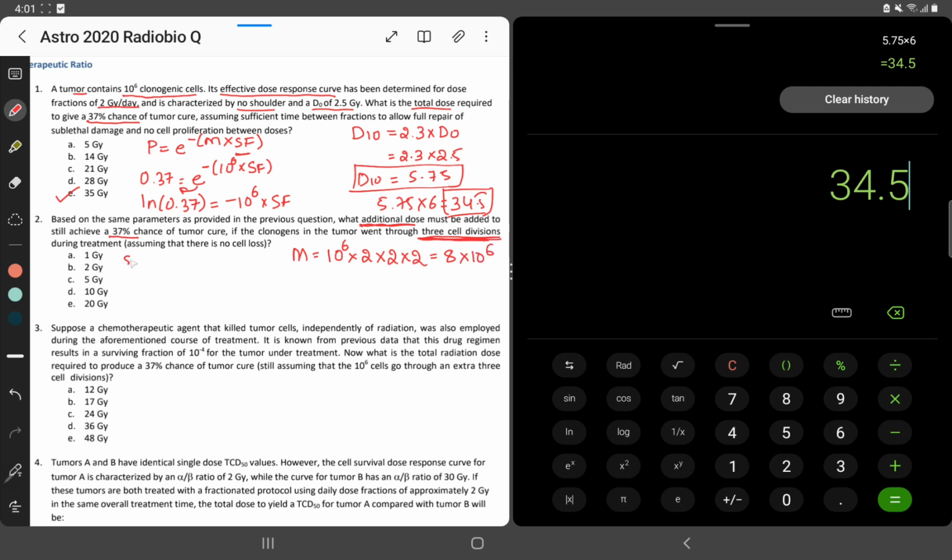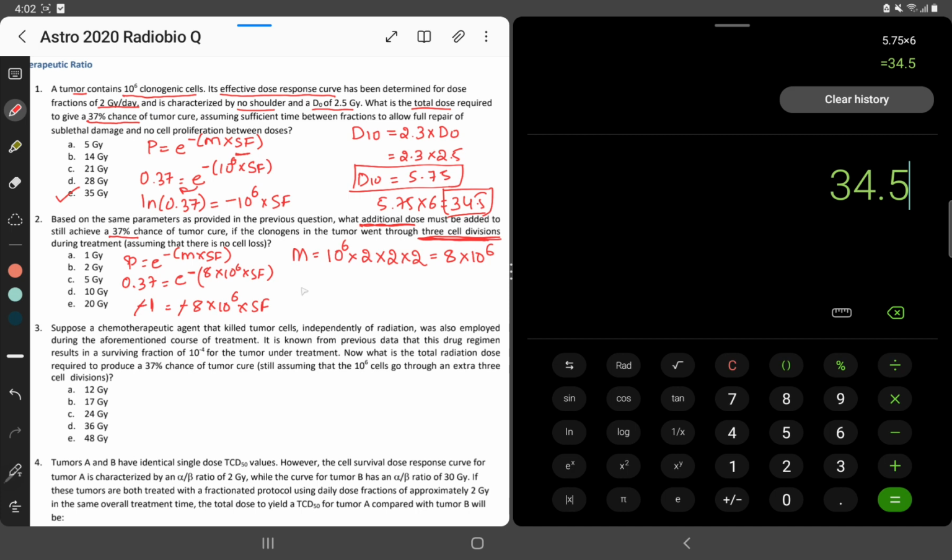So again putting in the same formula, P equals e to the power of minus m into SF. We need to find the SF first. So 0.37 equals e to the power of minus 8 into 10 to the power of 6 into SF. As we know, put the ln over here. Ln of 0.37 will again be minus 0.99, which is around minus 1, equals minus 8 into 10 to the power of 6 into SF.